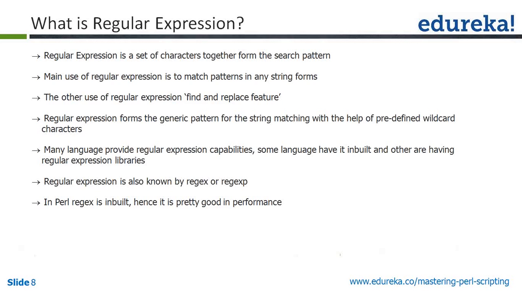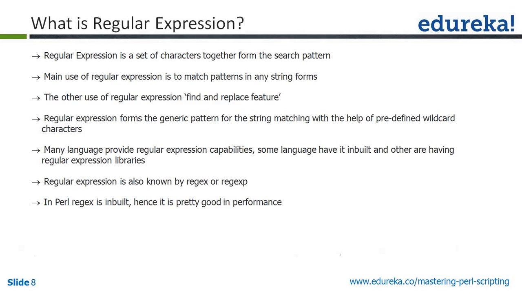Regular expression is common in every scripting language. Whether you speak about Perl, Unix shell scripting, Python, or Ruby, regular expressions remain common. All the wildcards remain common. Every feature of regular expression is common.